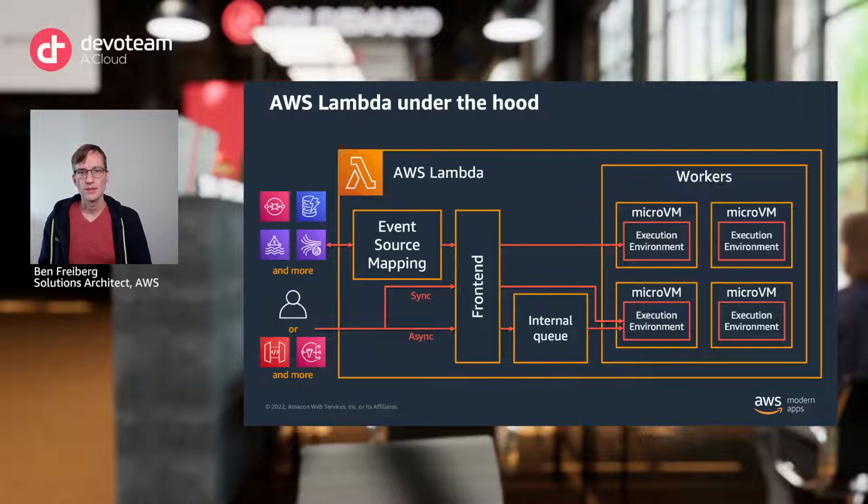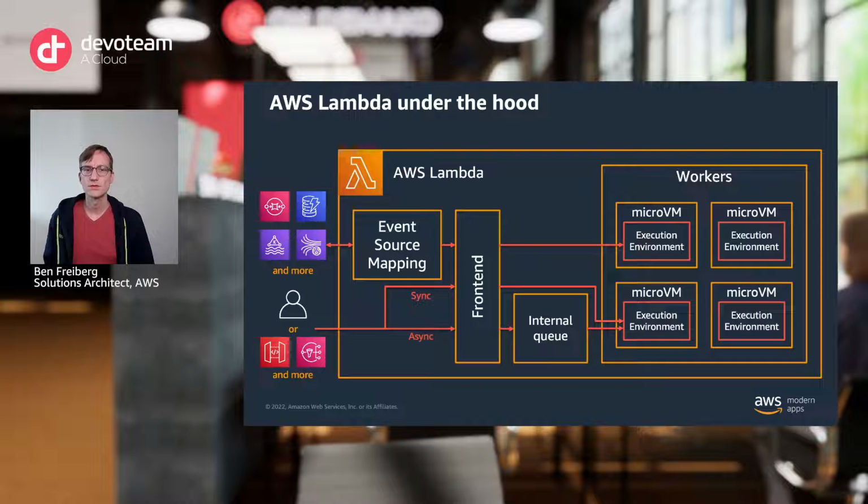For example, it checks that the concurrency limits are not exceeded. For asynchronous requests, there's an additional service-internal queue in which such requests are stored. And then there are the event source mappings, which enable Lambda to read events from other AWS services.